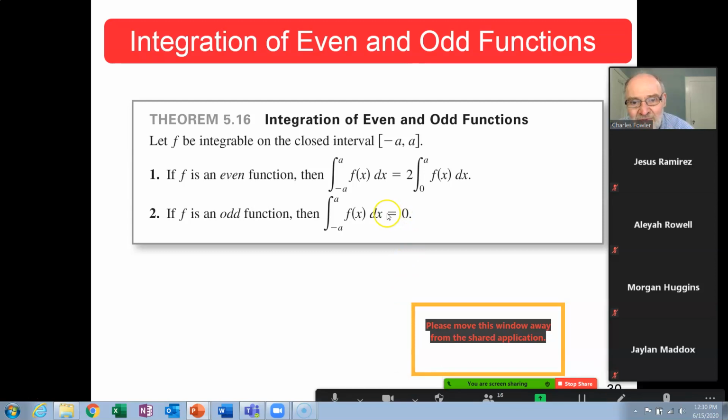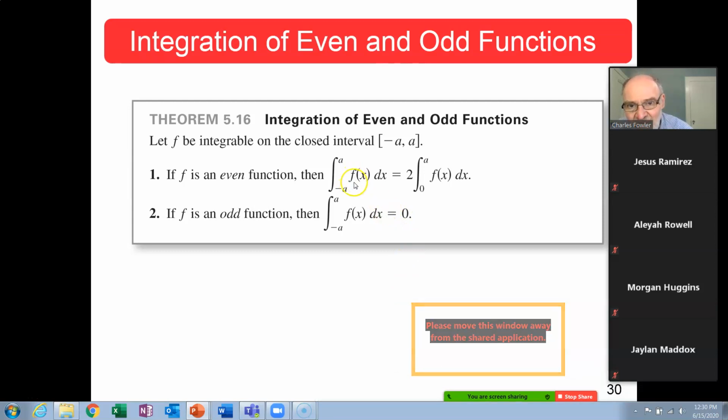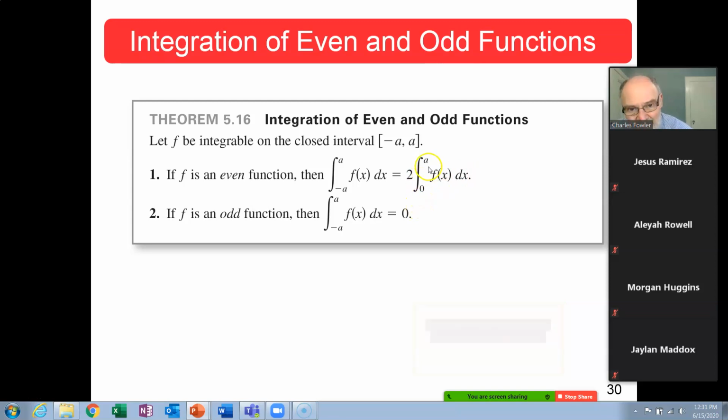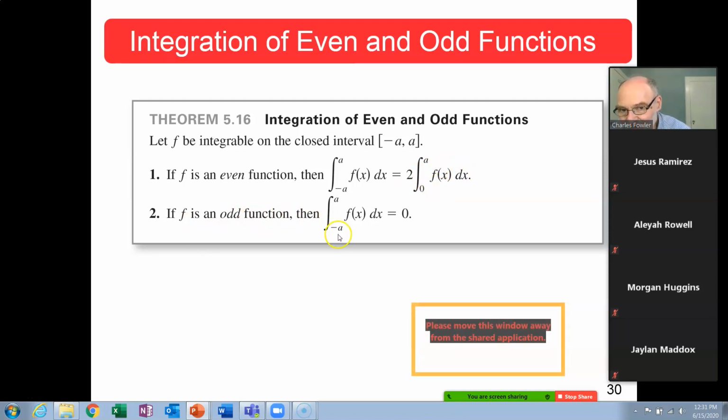Okay. So that's saying if it's an even function, you just double the integral on the interval from 0 to a, sorry. But if f is an odd function, and you're integrating that over the symmetric interval, that's always going to come out 0, because on one side it's doing one thing, on the opposite side it's doing the opposite thing.